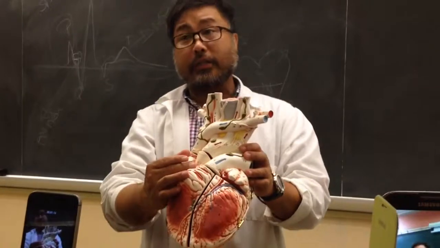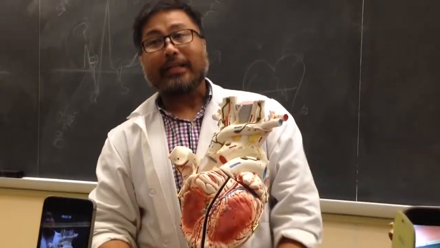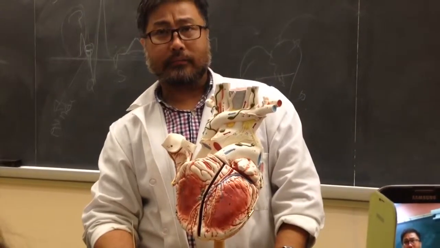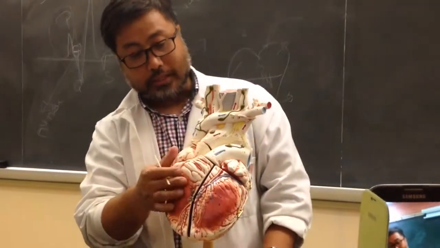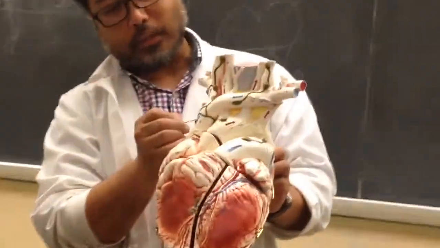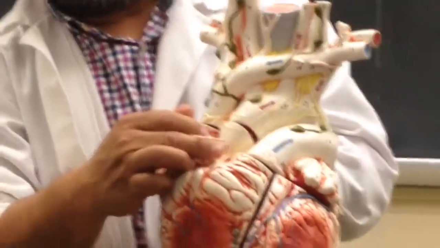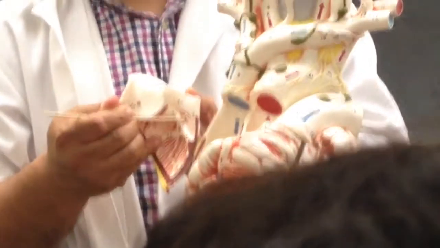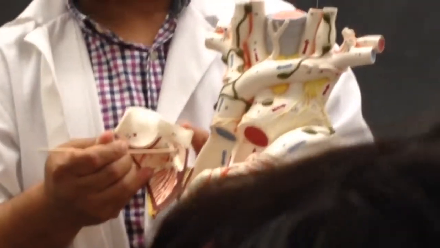All right, as far as the conduction of the heart is concerned, the pacemaker is known as, where do you find the pacemaker? SA node. Okay, sinoatrial, look at where the superior vena cava comes into the right atrium. Typically, voila, what is that? That's your SA node.